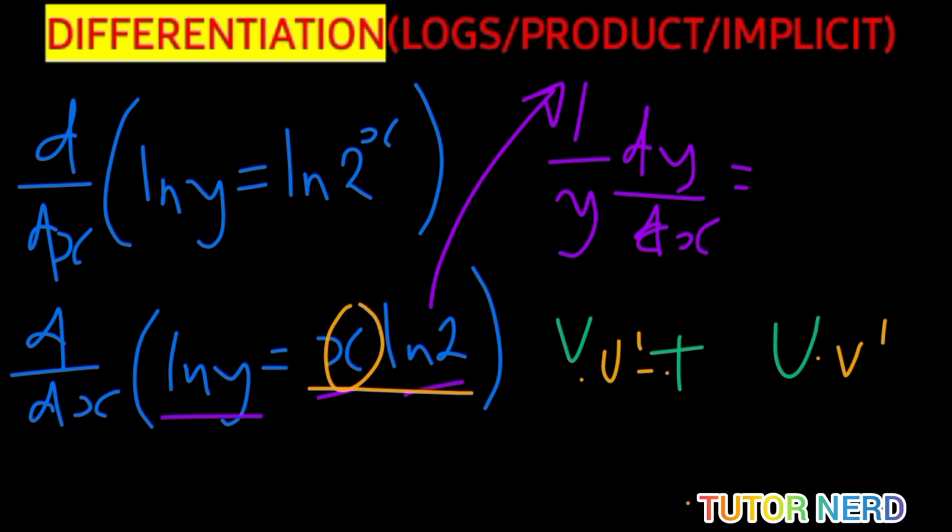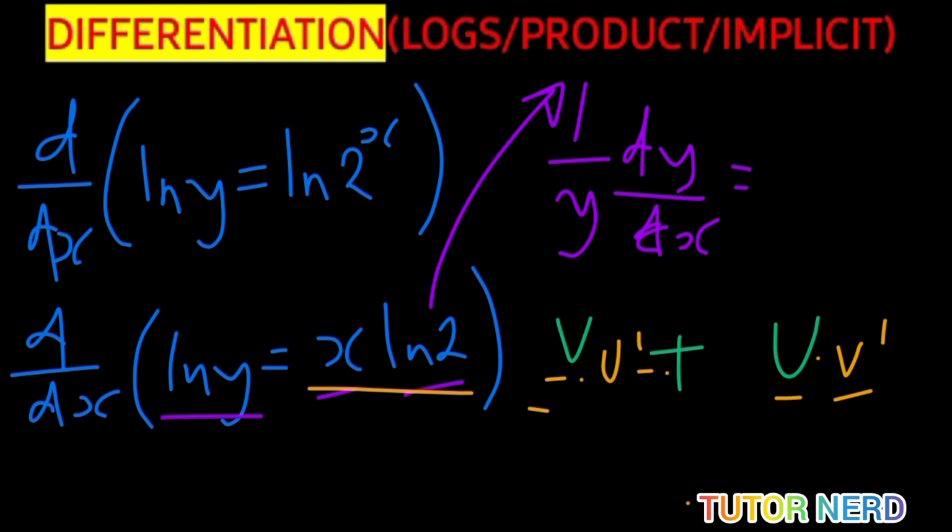Between x and ln 2, the value that comes first is x. So we're going to take x as our u, and ln 2 as our v. The u prime in the formula denotes that we are supposed to differentiate the value u, and the v, we also differentiate.